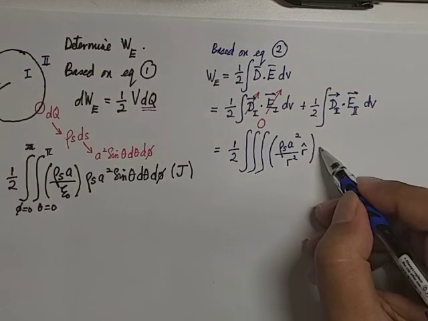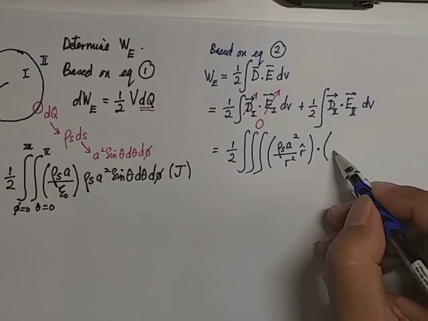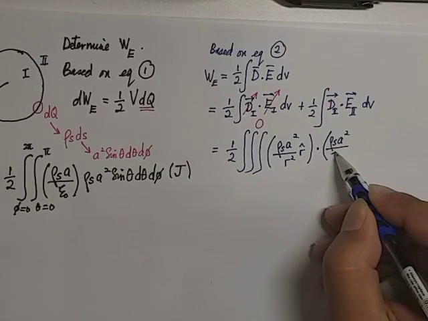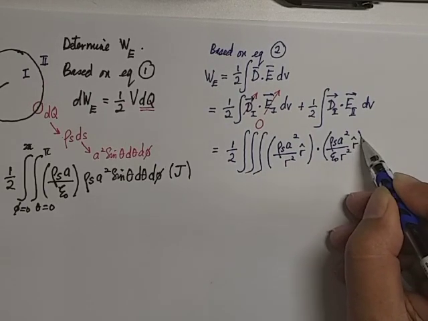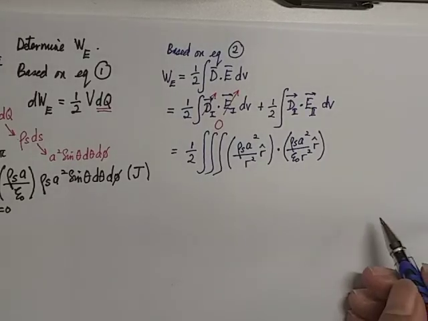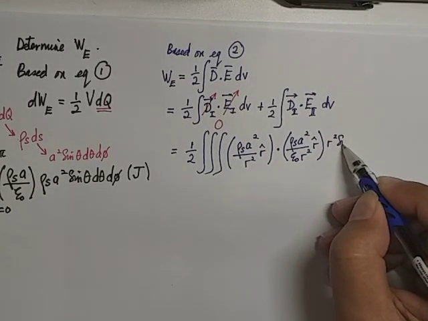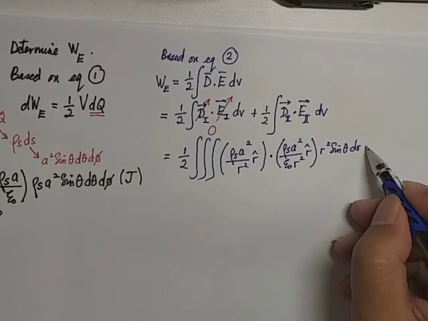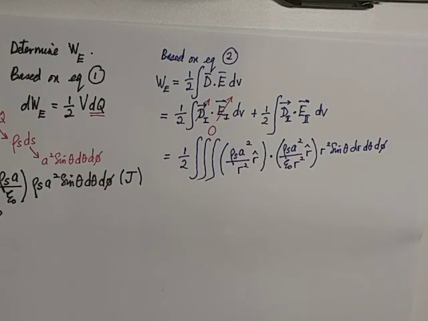And for the E term, since we are dealing with free space, it's going to be rho S A squared over epsilon naught R squared in the R direction. So that's for the E. And how about the dV? Yes, it should be R squared sine theta dr d theta d phi. That should be the dV based on spherical coordinates.